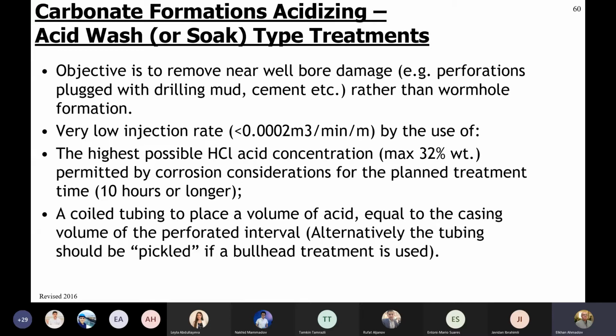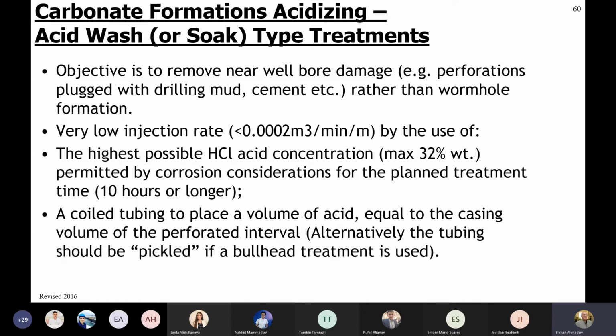Here we inject at a very low rate, you can see it's less than a cubic millimeter per minute per meter of injected zone, using the highest possible HCl concentration and leaving this acid in the wellbore for a long time.